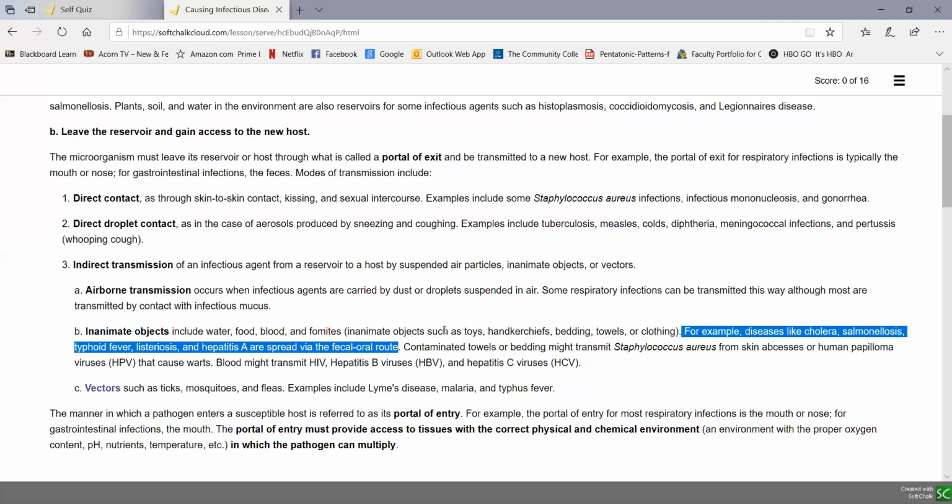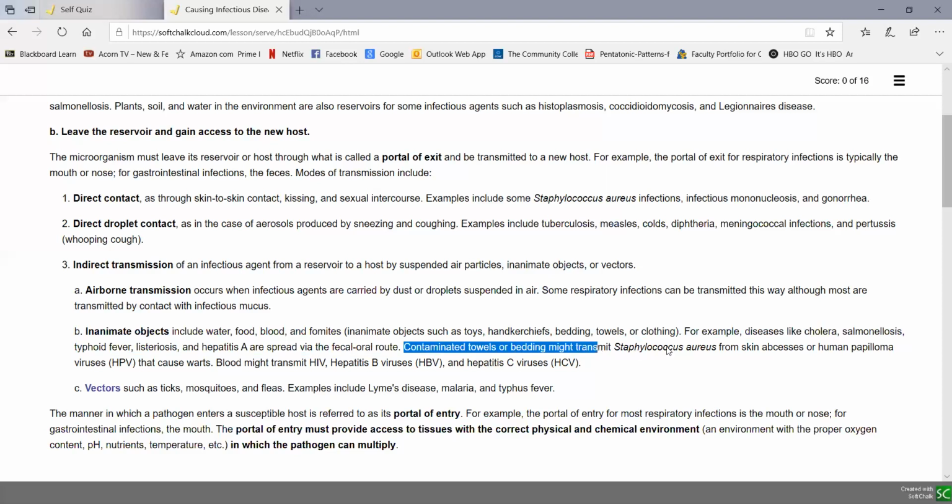On the other hand, things like contaminated towels or contaminated bedding might transmit Staphylococcus aureus from skin abscesses onto the contaminated object to another person who's sharing a towel or bedding, or the human papillomaviruses that cause warts. Blood might transmit HIV, hepatitis B virus or HBV, and the hepatitis C virus or HCV.